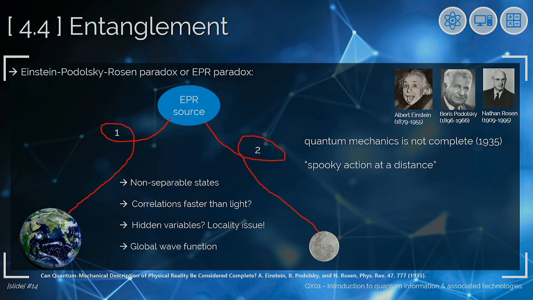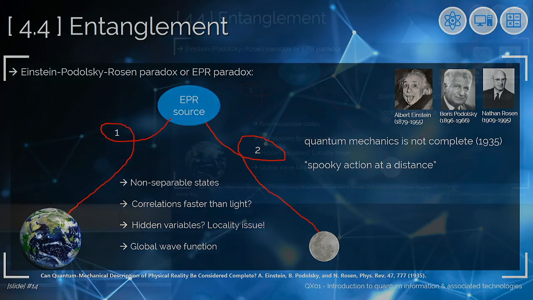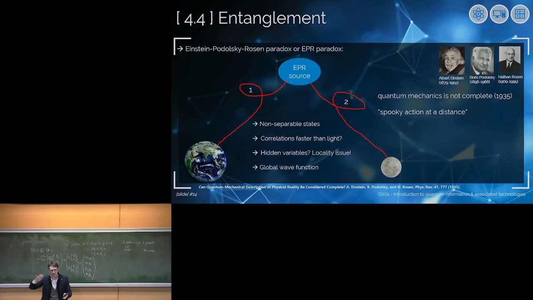No matter what you do, if you do something on one, it looks like you're changing the other one, and vice versa. That was a big issue for them at the time in this article: how can you modify something in one place when you do it in another place instantly? Okay.